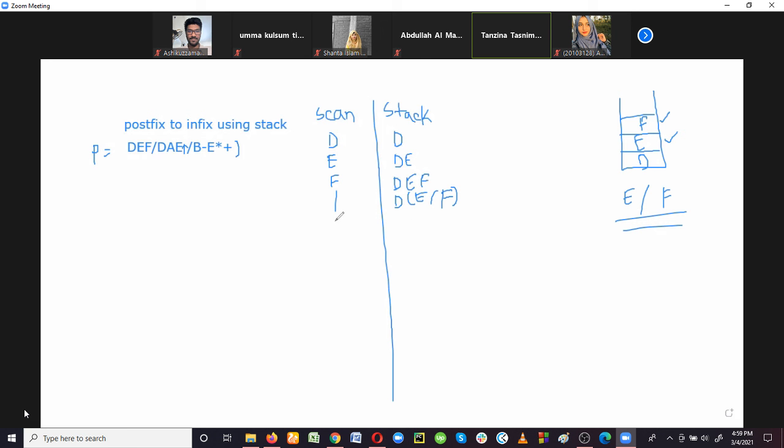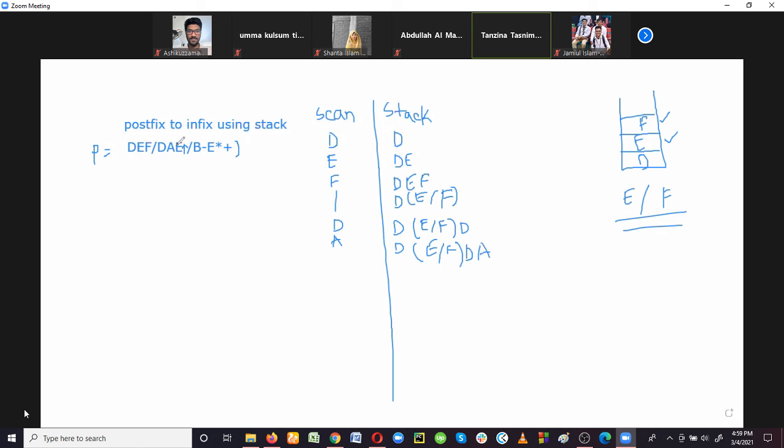The next element is an operand, so we can just store that operand after this operand E division F. Okay, and now again we got another operand that is A. We can simply add it to the stack. So D, E division F, that's D, and we can add another operand A.